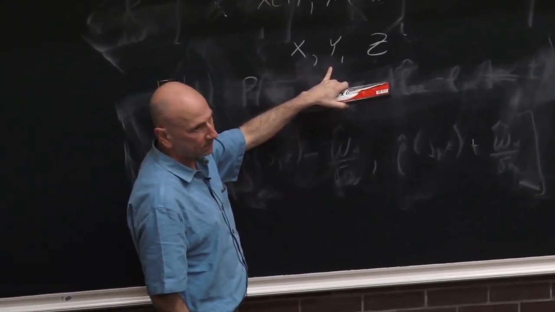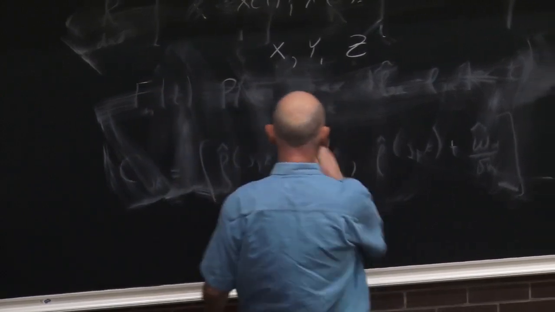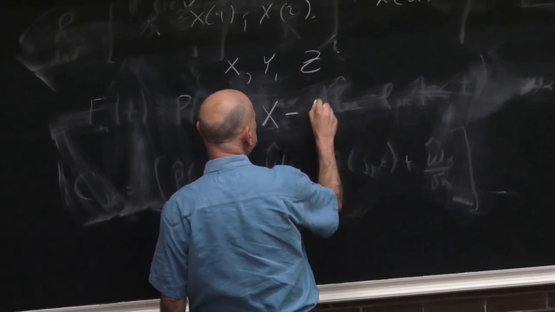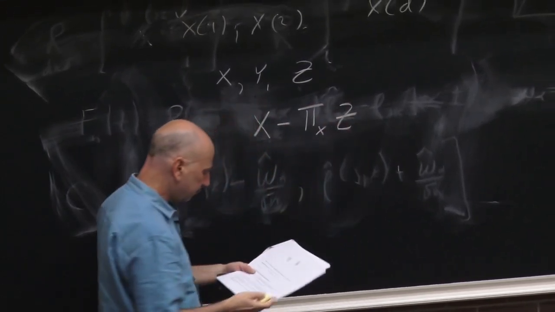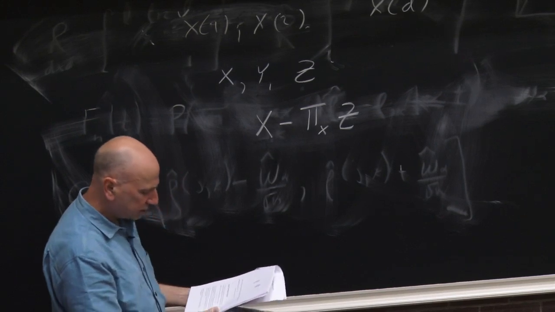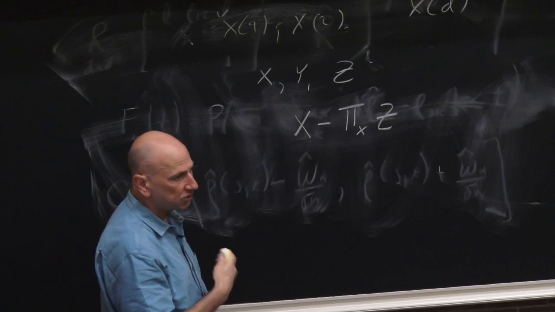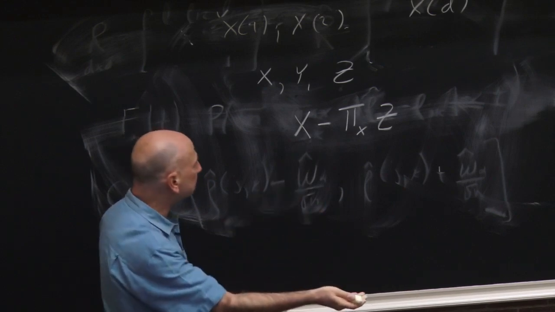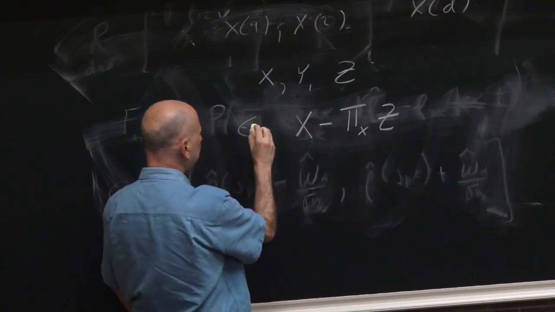Okay, so technically what we do is we take x and we take its projection onto z, which I'll define for you in a minute. So I'm taking x and I'm removing as much of z as possible. I'm projecting it out. I call this epsilon x.